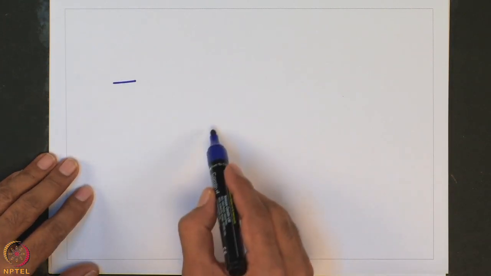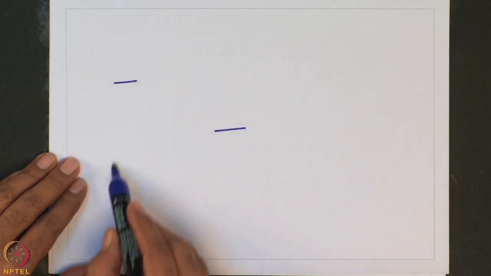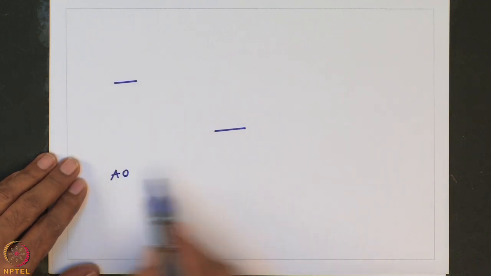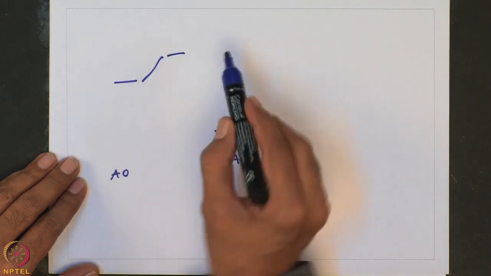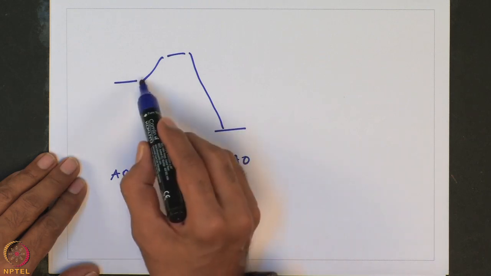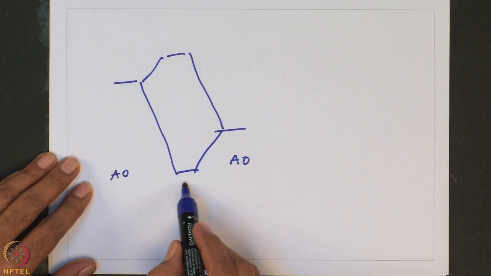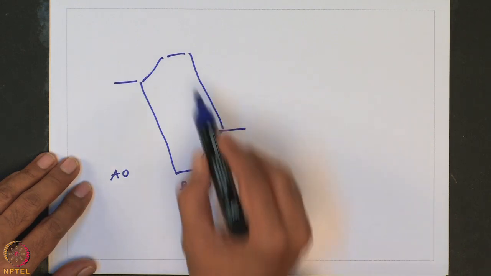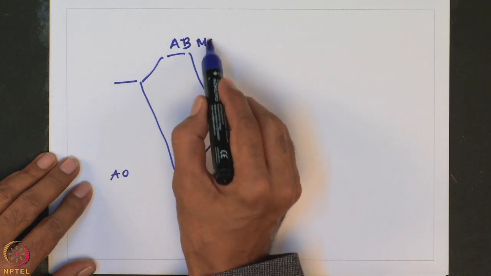For example, if I consider one here, less electronegative, another one more electronegative, atomic orbital, and here atomic orbital, and if I constitute the molecular orbital something like this, this is the bonding molecular orbital and this is the anti-bonding molecular orbital.